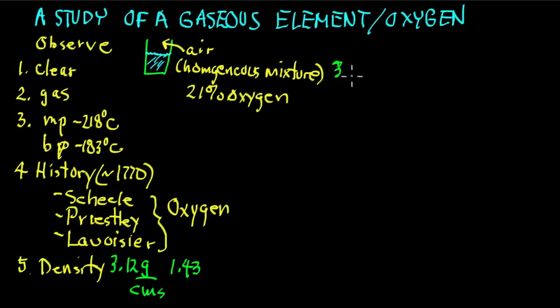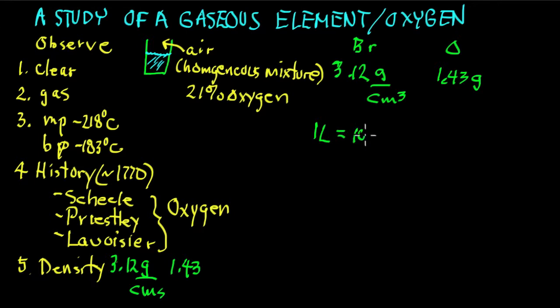Now let's go back to a calculation. We have 3.12 grams per cubic centimeter for bromine. But for oxygen, it is 1.43 grams per liter. Now 1 liter is equal to 1,000 cubic centimeters. So that'd be 1.43 grams per 1,000 cubic centimeters.